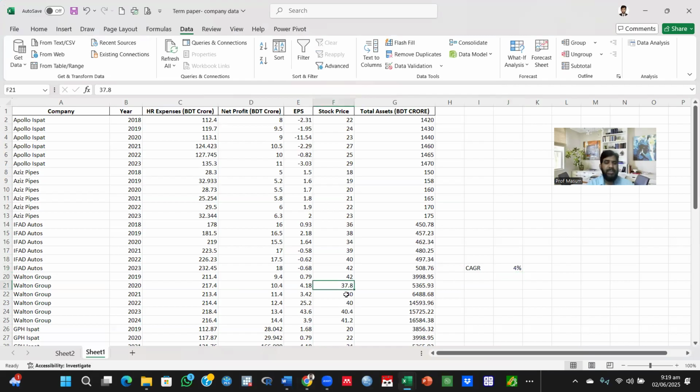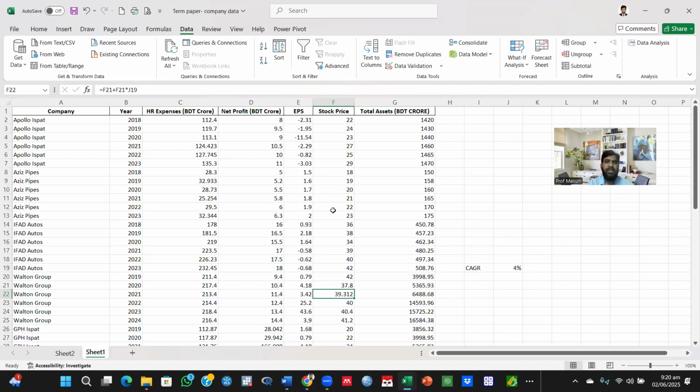So you will add 4% here: this data plus 4% of this one, multiplied by 4%. Then you can get the approximate figure.